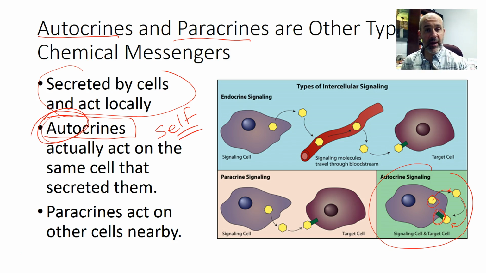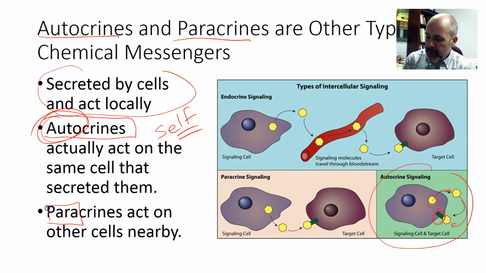It's supposed to be a receptor that very specifically attaches to that chemical messenger, and then the cell will respond itself. So that probably seems kind of strange. Like, why would a cell have to secrete a chemical messenger that's going to turn around and attach to its own receptor and cause a response? But nevertheless, it does happen in some cases. So that's called autocrine signaling when that does occur.